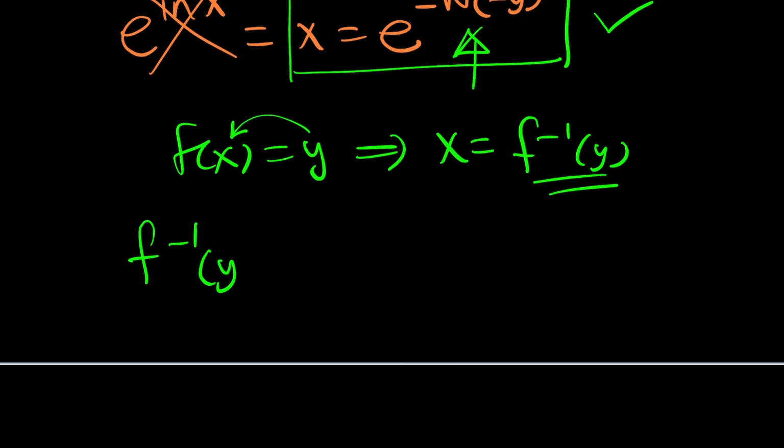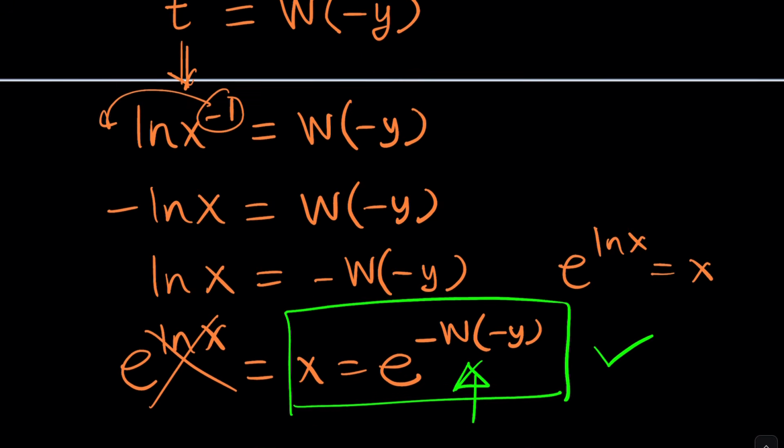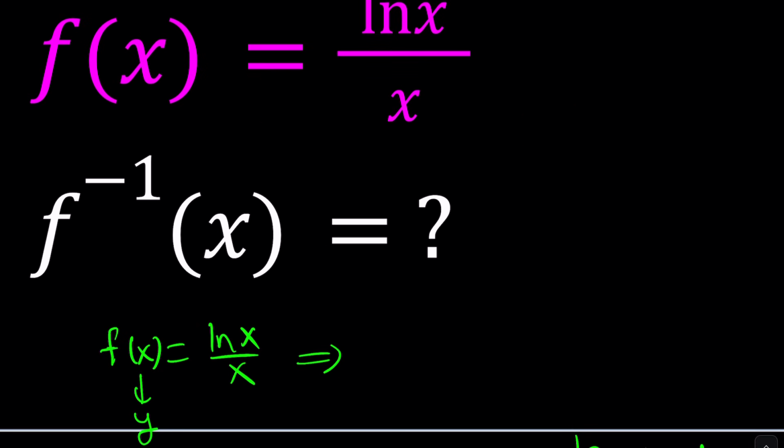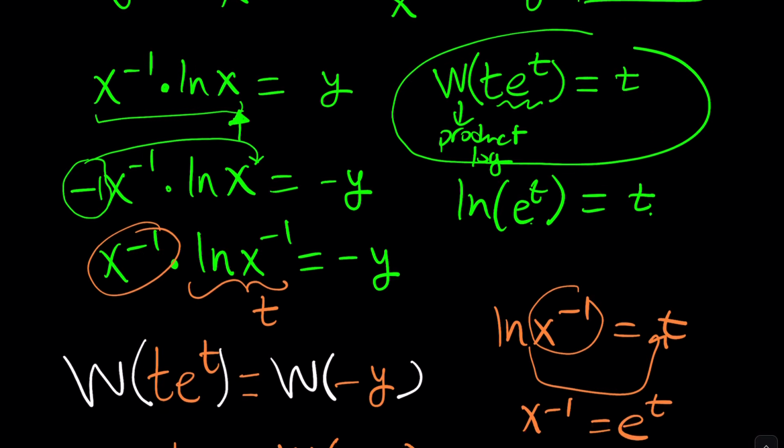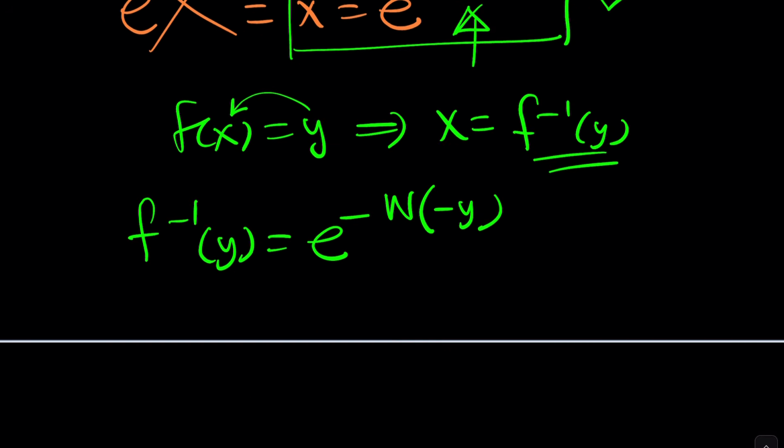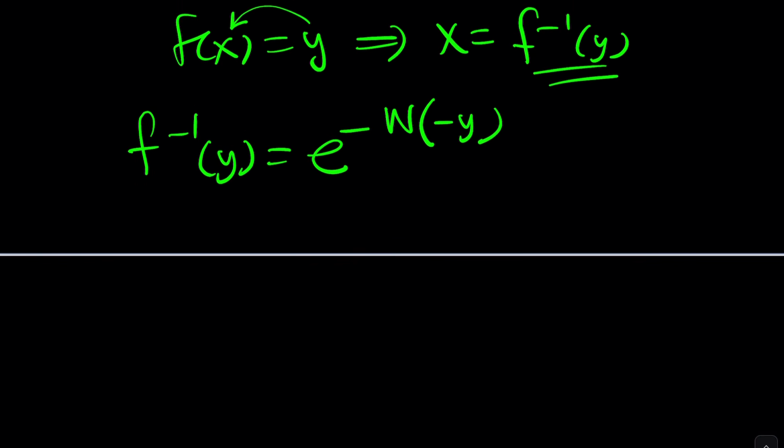f inverse of y equals e to the power negative W of negative y. But you gotta remember, what was the original problem? It was asking for f inverse of x. Most of the time, we like to express our functions, the original one and the inverse or any other function that we use, in terms of x. x is usually the independent variable and y is the dependent variable. That's why in this expression, we're gonna go ahead and replace y with x.